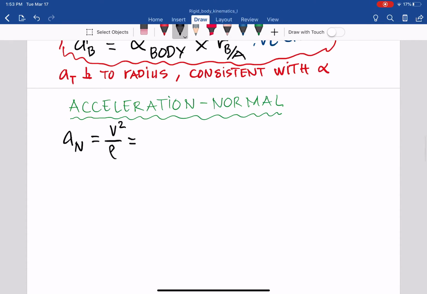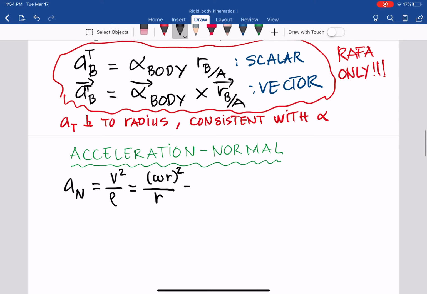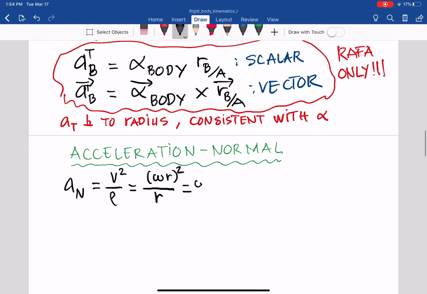And from the previous equation, we have v equal to omega r, so (omega r) square over radius. For the rigid body, rho becomes the radius. And with that, we simplify this ratio, we have omega square r.